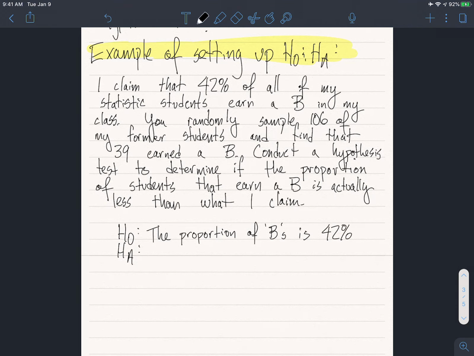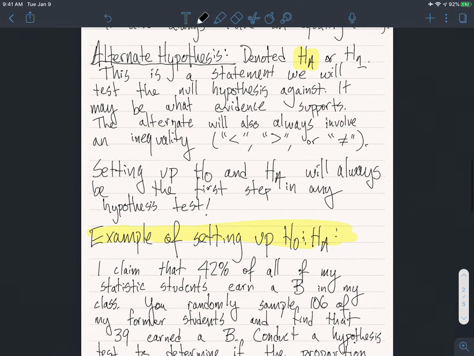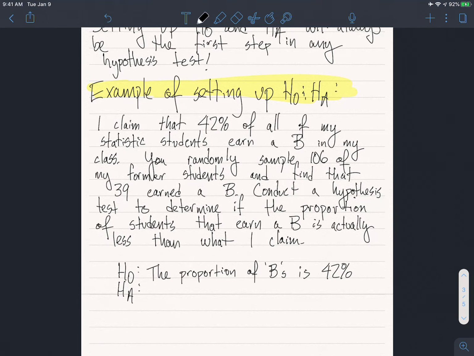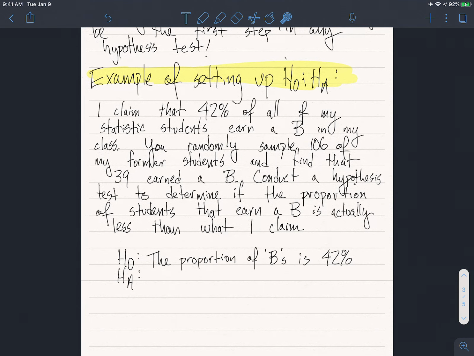And the alternate, what is the definition of that? The alternate hypothesis, denoted HA. This is a statement we will test the hypothesis against. It may be what the evidence supports, and it will involve an inequality, meaning less than, greater than, or not equal to. So what are we going to test against? This said, conduct a hypothesis test to determine if the proportion of students that earn a B is actually less than.